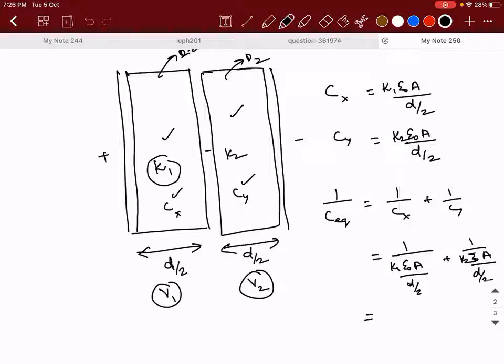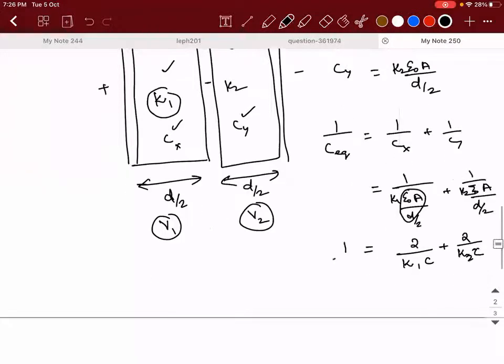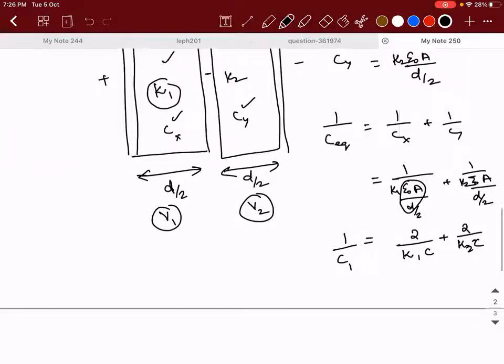What is epsilon naught A divided by D? That is the initial capacitance. So can I write this as 2 by kappa 1 times C plus 2 divided by kappa 2 times C? So this will be the value of 1 by C1, because I told equivalent capacitance is C1.